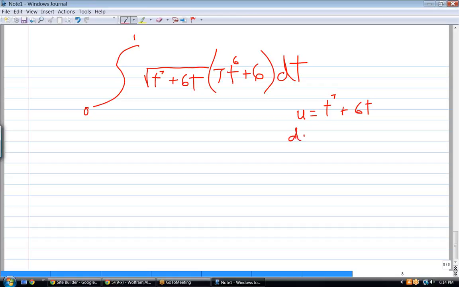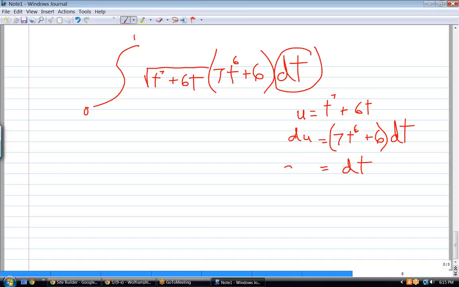Yes, take the derivative of u, and that is going to be 7t to the 6th plus 6. Now I move my dt to the other side and solve for dt. In other words, it's dt we have to substitute for. And dt equals du over 7t to the 6th plus 6.